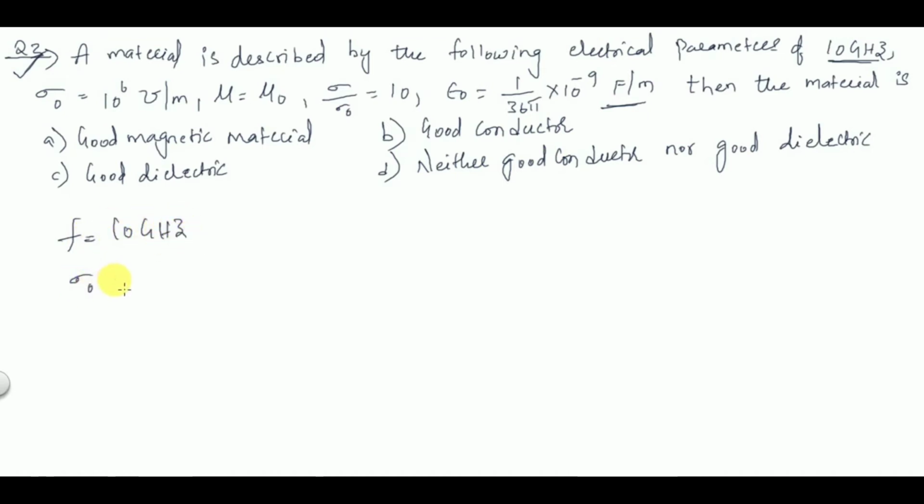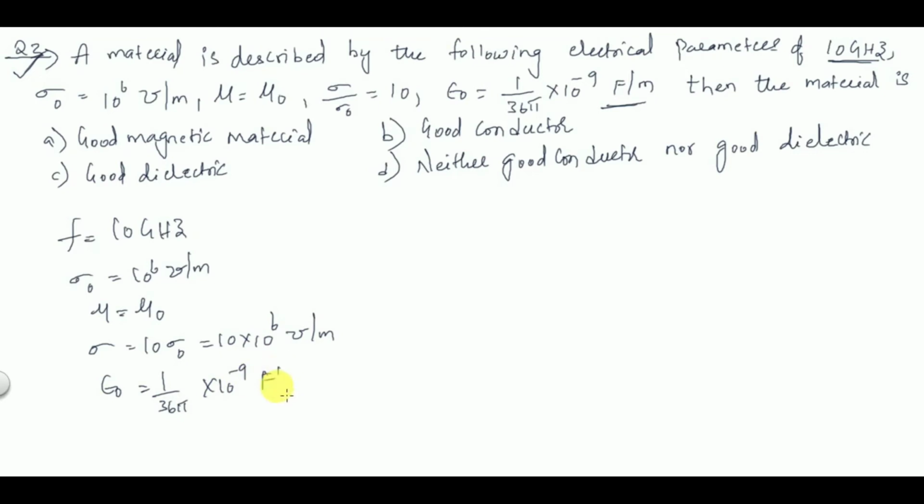Sigma naught is 10 to the power of 6 mho per meter, and mu is equal to mu naught. Sigma is equal to 10 into sigma naught, so 10 into 10 to the power of 6 mho per meter. Epsilon naught is 1 by 36 pi into 10 to the power of minus 9 farad per meter. So all these values he has given.